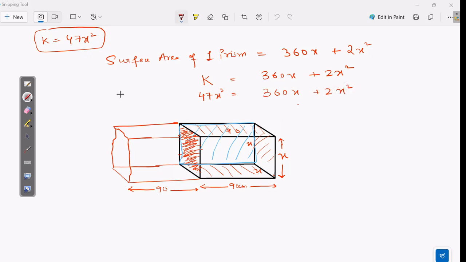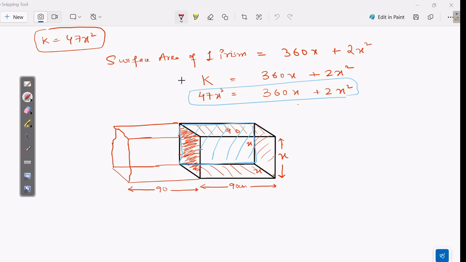So Anika, can you solve this quadratic equation now? Okay, so it would be 45x squared minus 360x is equal to 0. You could also do it smartly by putting it on Desmos.